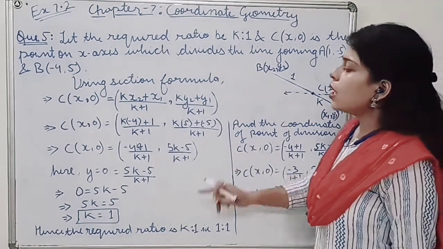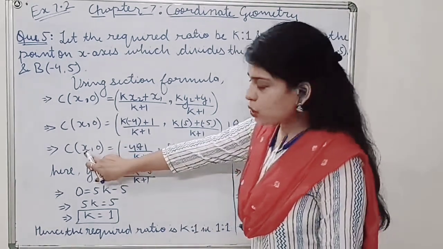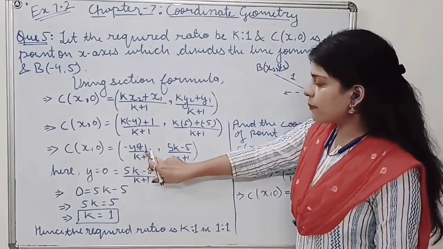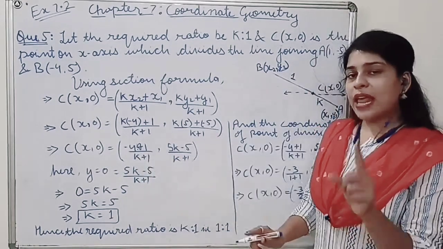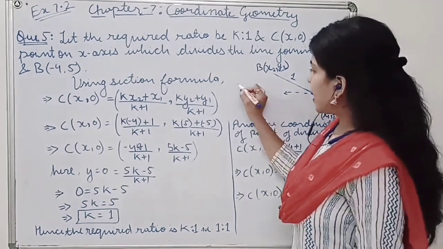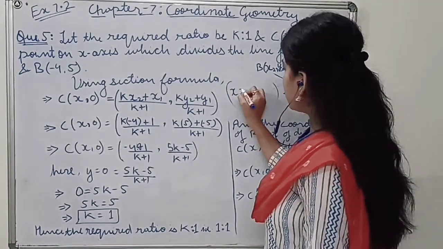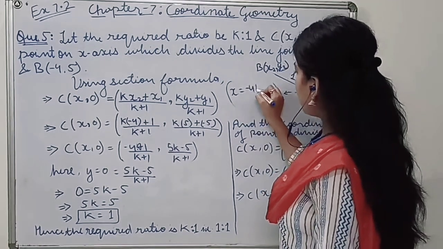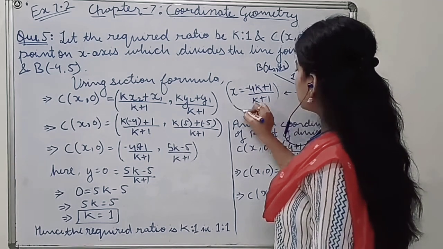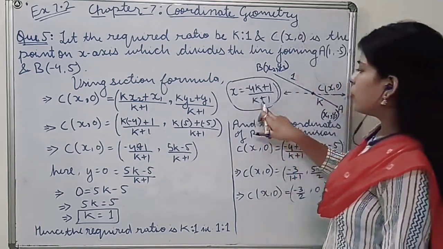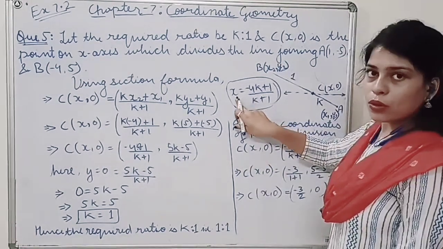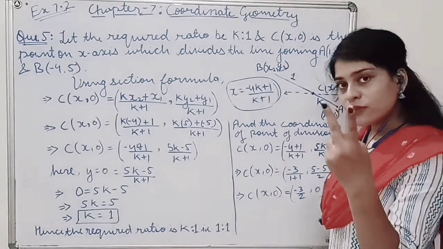Now see, if we equate the x coordinate, x equals minus 4k plus 1 upon k plus 1, we will have only one equation and 2 unknowns. This is a linear equation in 2 variables: x is a variable and k is also a variable, so we have 2 unknowns.